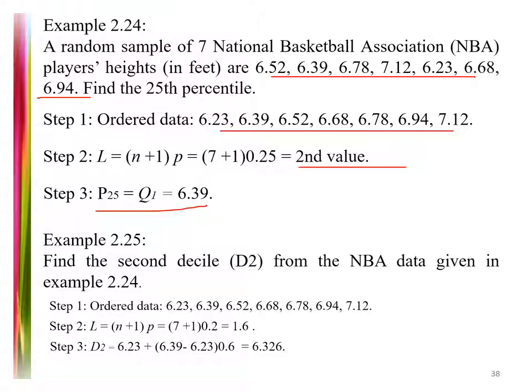Okay, and also another example, find the second decile. For the second decile, p is equal to 0.20. So this is the ordered data, and the locator is 1.6.